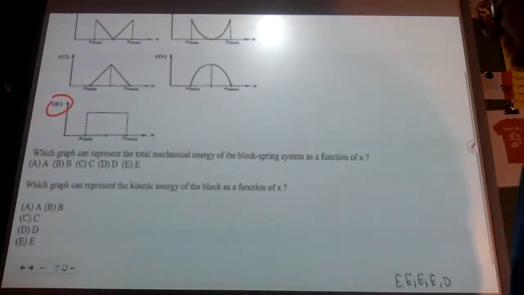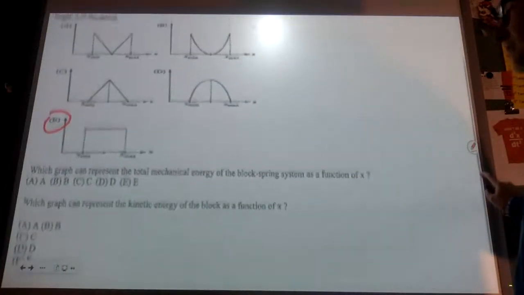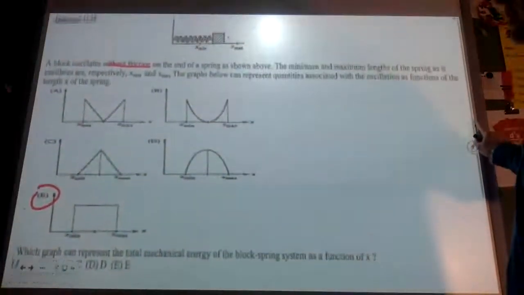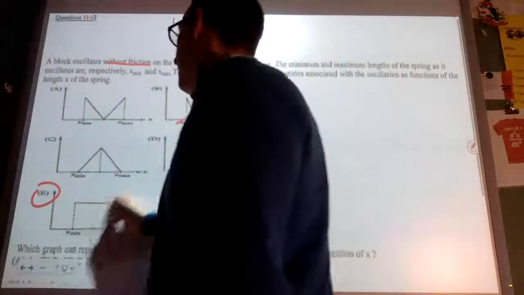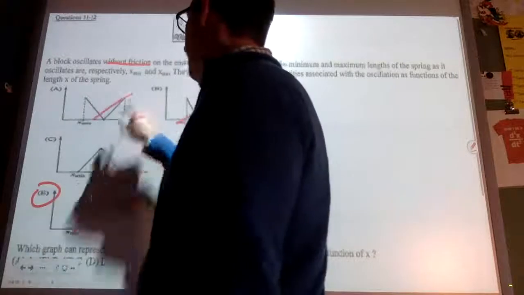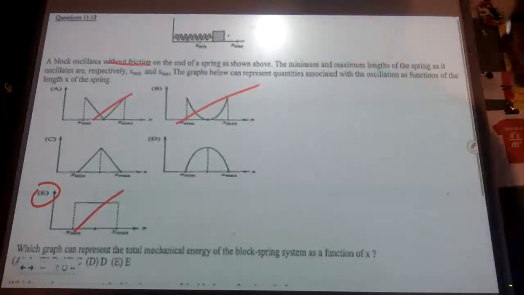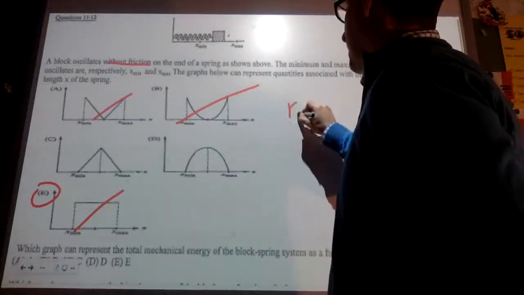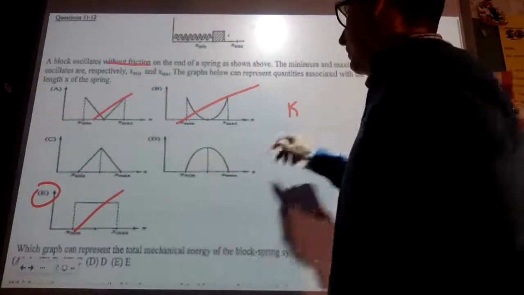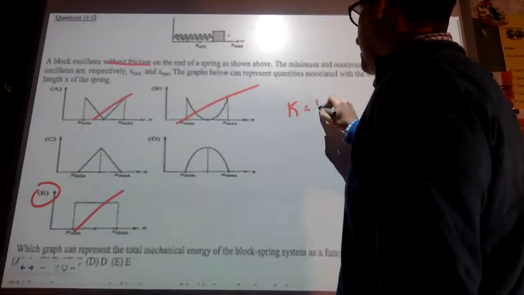Which graph represents the kinetic energy of the block as a function of x? It's going to be going the fastest in the middle, so it needs to be either C or D. And then the question is, kinetic energy, how is it related to distance?